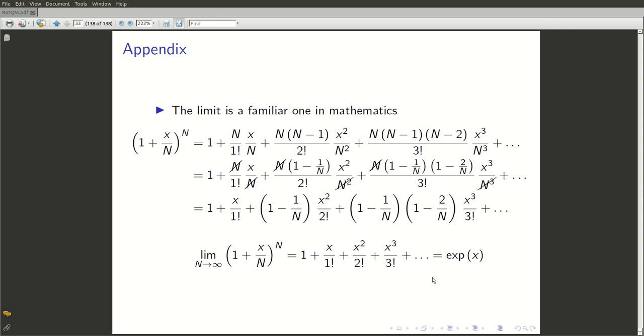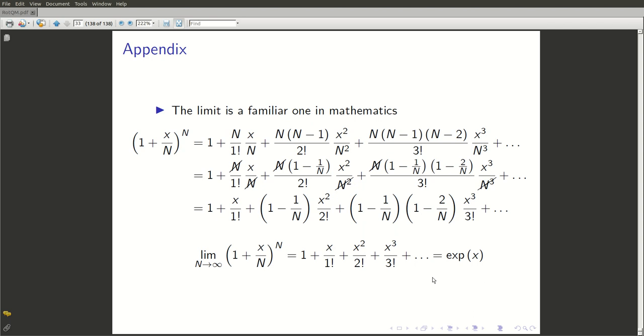So (a plus b) whole square, for example, is not in general a square plus twice ab plus b square. It is actually a square plus ab plus ba plus b square. However, notice that all you need for the binomial theorem to work is that a and b commute. And if we are using identity plus an operator by n raised to the power n, then there is no reason why the binomial theorem cannot be used.